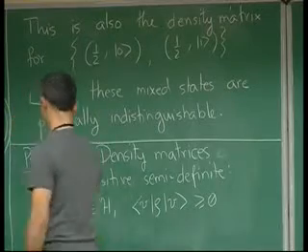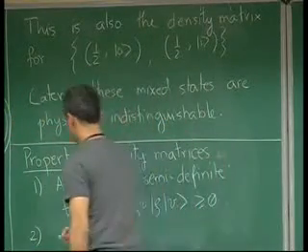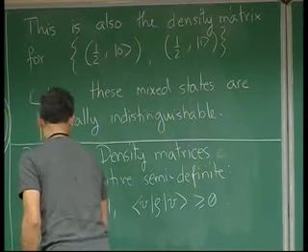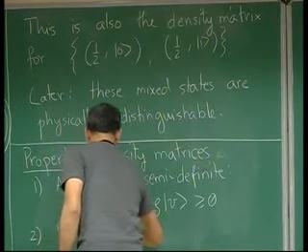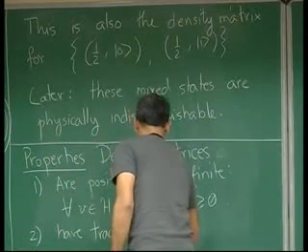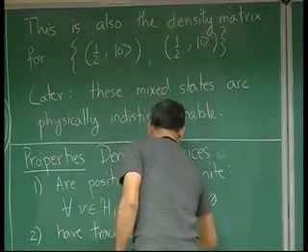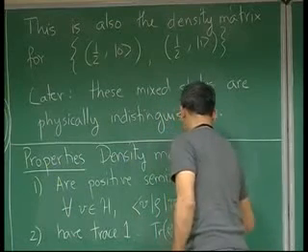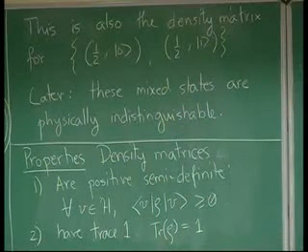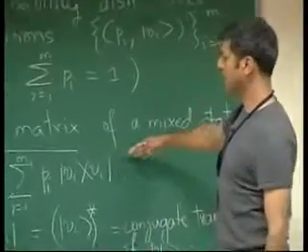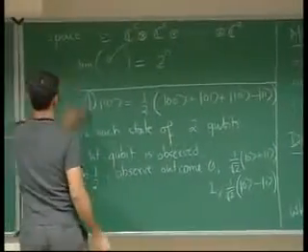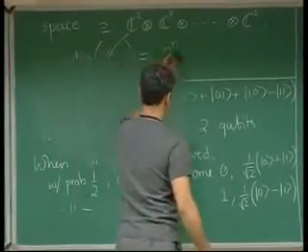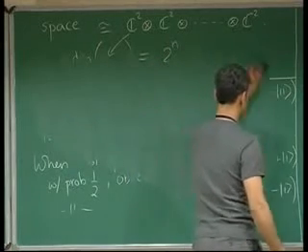The second property is that it has trace 1. So what is the trace? Again, there are several different ways of defining trace. If you look at it as a matrix, then the sum of the diagonal entries is the trace. And alternatively, you can write it as the sum here.